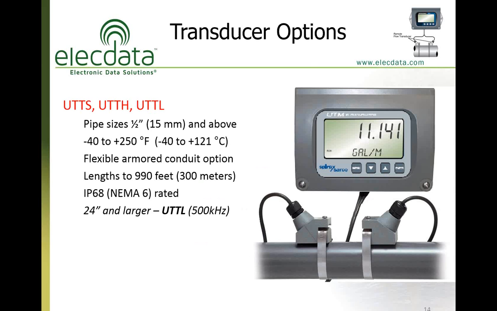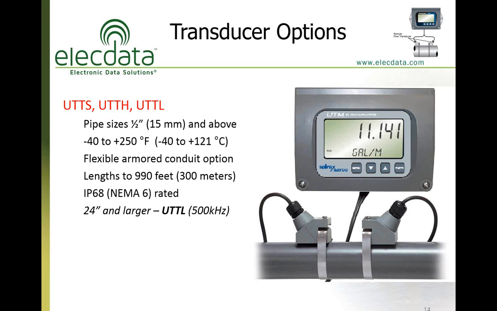There are a number of sensor sizes and options available with the UTM10 meter that again allow you to work in pipe sizes from 1/2 inch on up. I mentioned the flexible armored conduit option. There's also an IP68 NEMA 6 rated for submersion sensor and sensor cable combination.